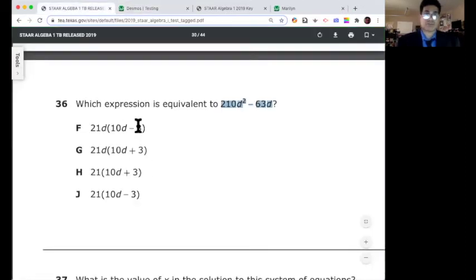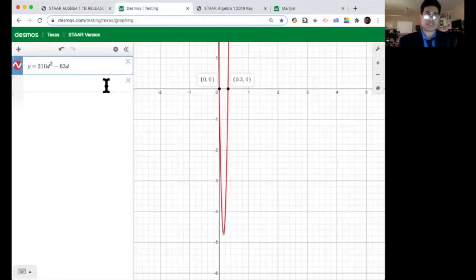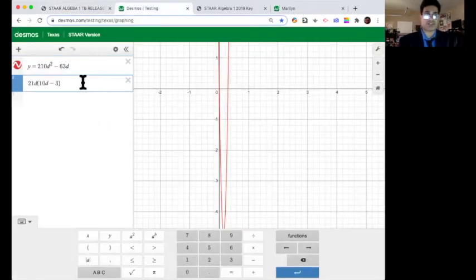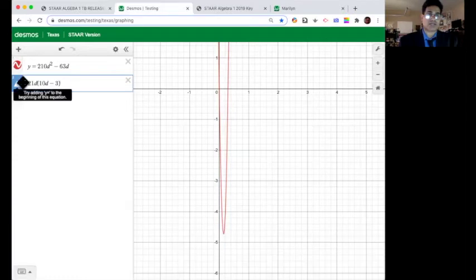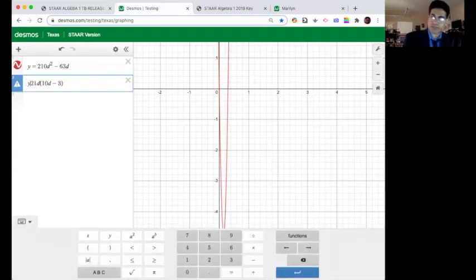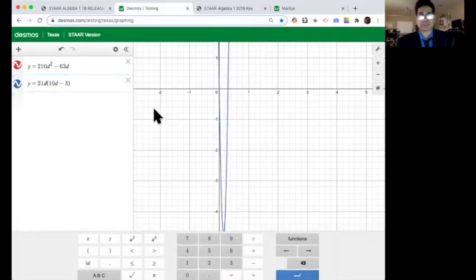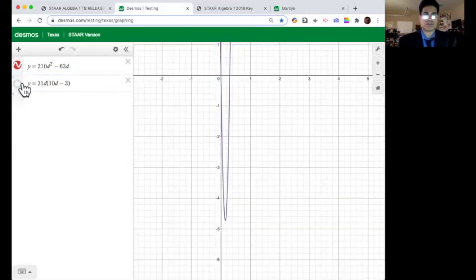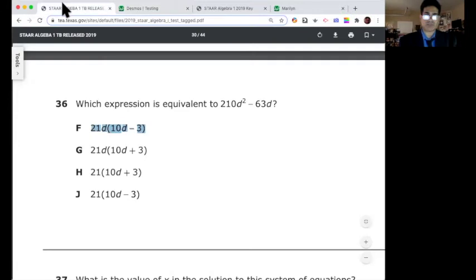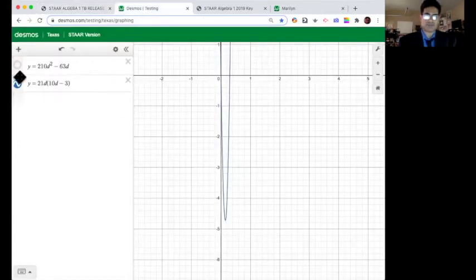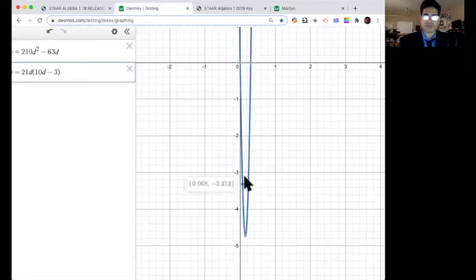So let's recreate this one. Copy that, put that into the Desmos calculator, and one by one determine which are correct. Again, it says try adding y to the equation. I'm going to add y so that we can graph it. Look at that one. Is that our first one? Did we get it on the first one? 210d times 10d minus 3. Yeah, the very first one, we've got our same zeros.